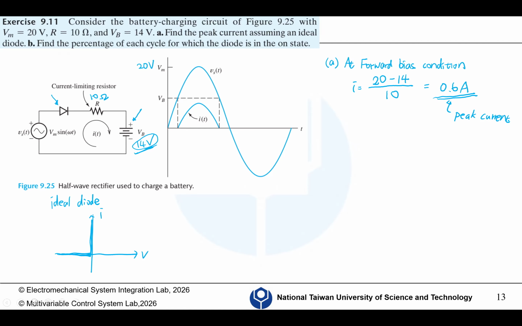Okay, this one should be simple. Second, find the percentage of each cycle for which the diode is in the on state. We look at this blue waveform here, which is the input voltage.